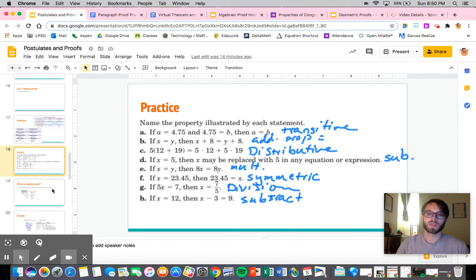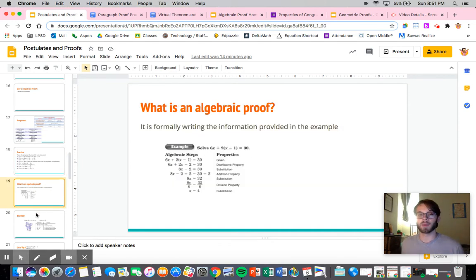Okay, so let's look at what actually is an algebraic proof. Really, it's just formally writing the information, right? All we're doing is exactly what you would have been doing at any other given time in terms of solving an algebraic equation, but now I'm making you write all the steps down, right? So if you were to look at this in terms of the algebraic steps, we're given that piece of information to start.